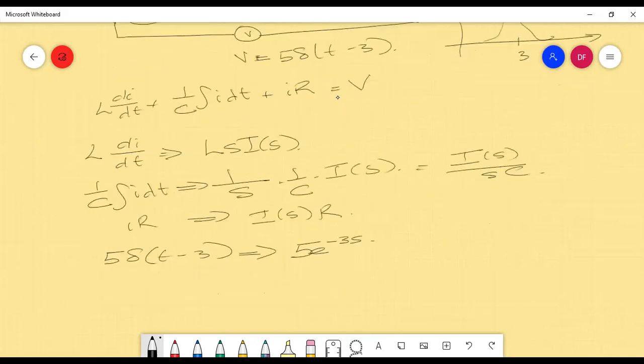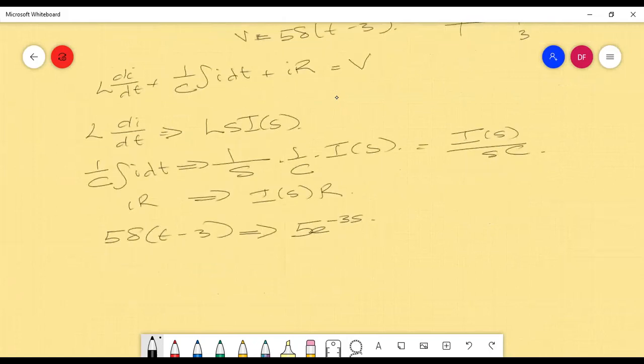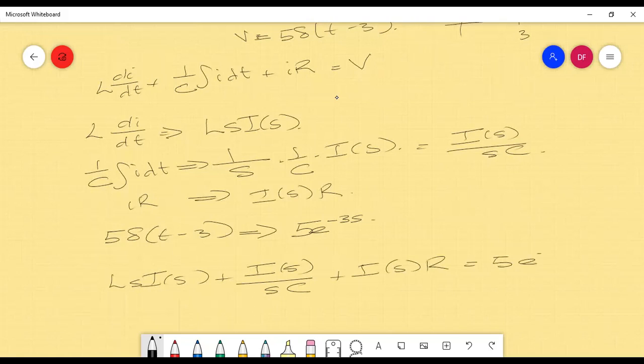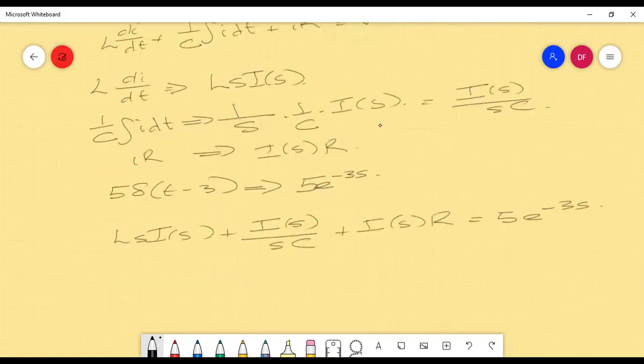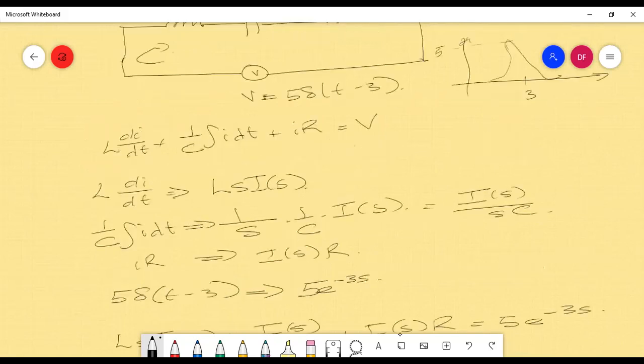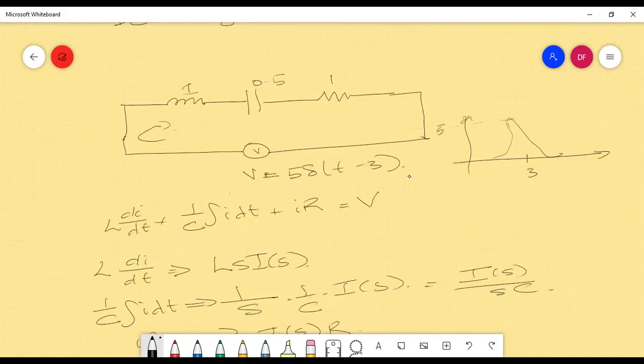All right. So now, if you take this equation, we're going to write L s I(s) plus I(s) over sC plus I(s) times R is equal to 5 e to the minus 3s. I'll put in the values. So L is 1, R is 1, and C is 0.5.